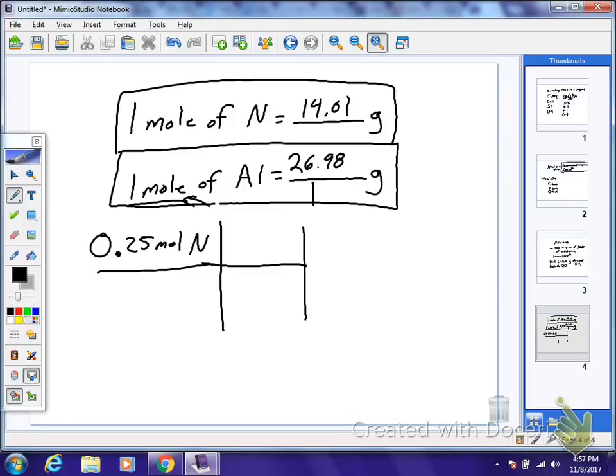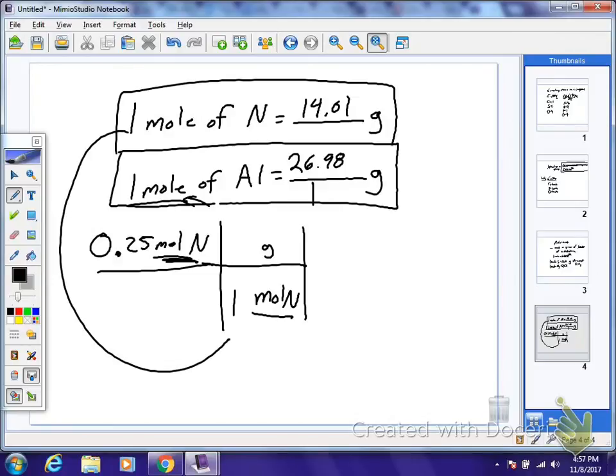So down below, remember, I'll just write the same unit and symbol as I have up here. And then I want to go to grams. And I know that for every 1 mole, I have 14.01 grams.